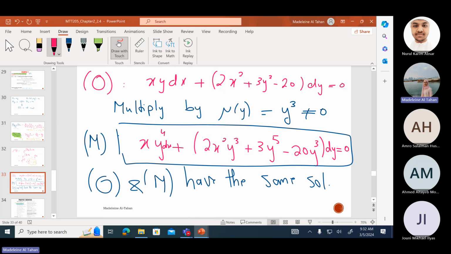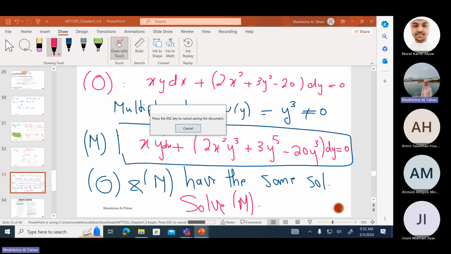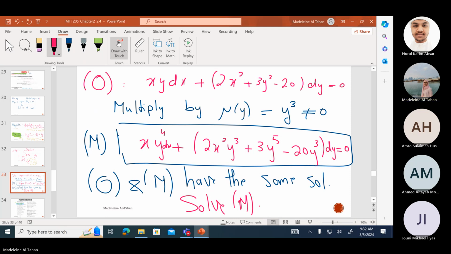So here, what will we solve? We solve M instead of O because O we weren't able to solve it. Now, what I need from each of you is, each two together, to solve M. Forget about O now and solve M. Do you repeat the same steps?